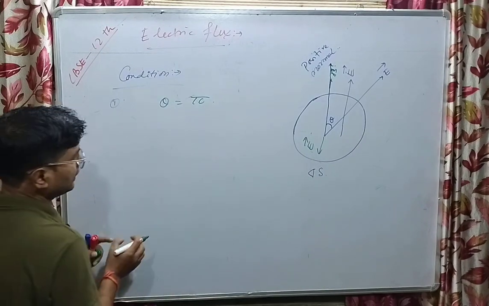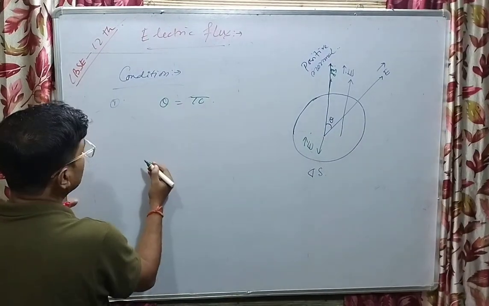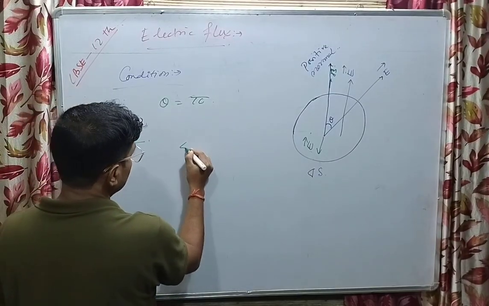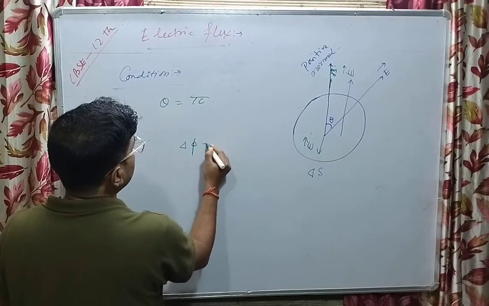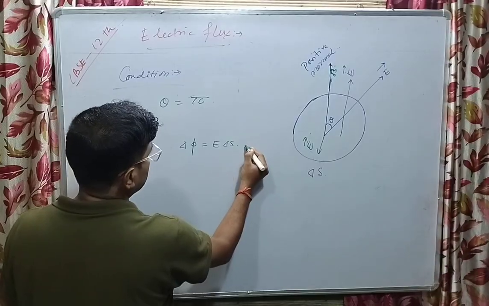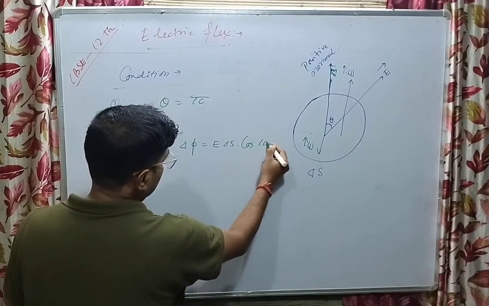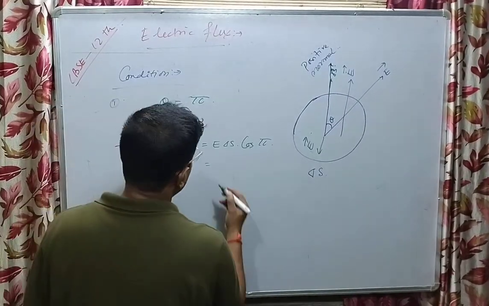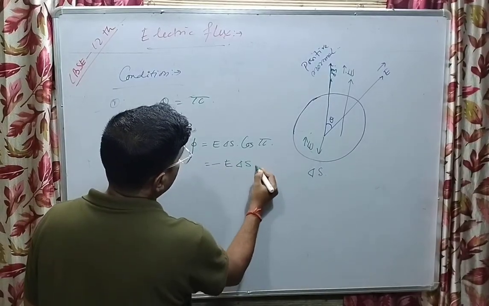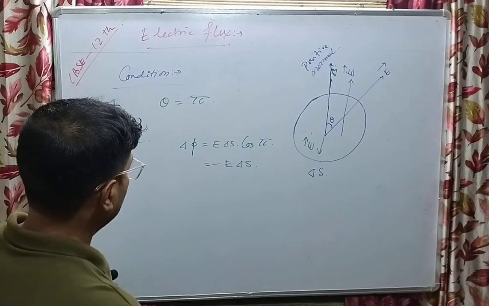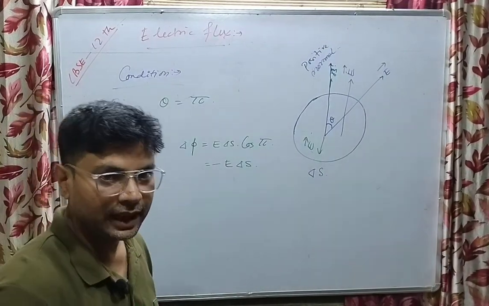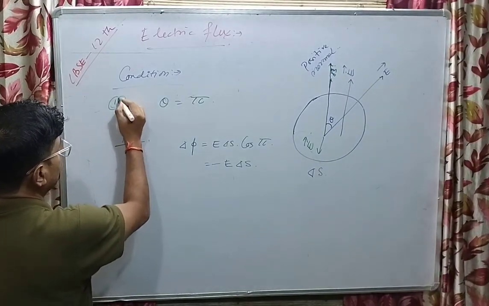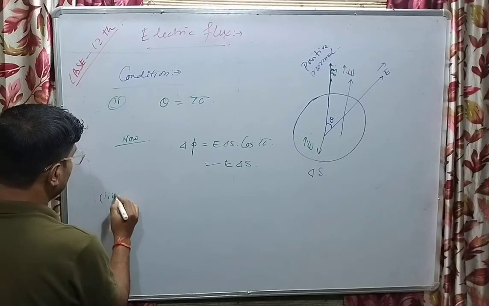Now delta phi is equal to E delta S cos pi. Cos 180 degree is equal to minus 1, so the value of delta phi is equal to minus E delta S. That is condition number 2.